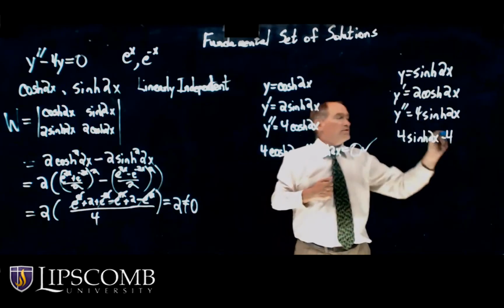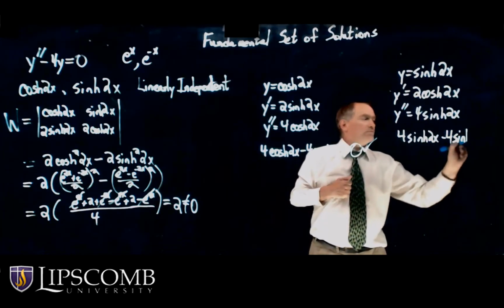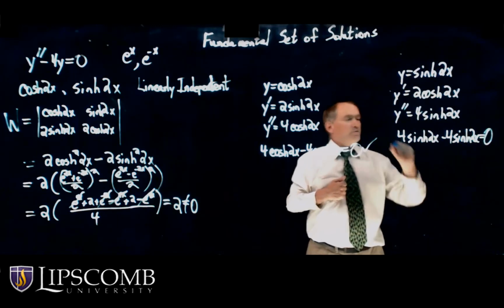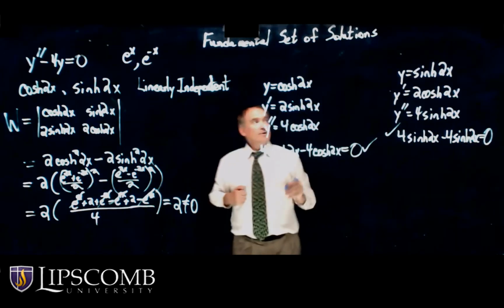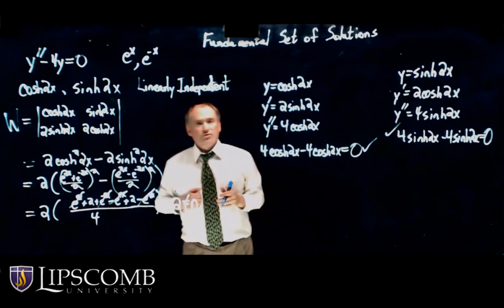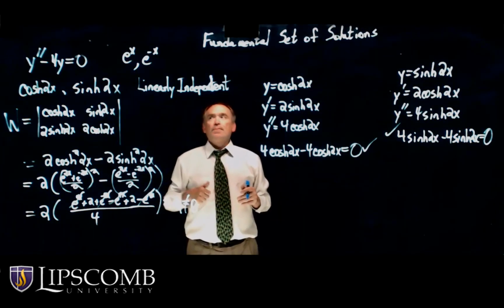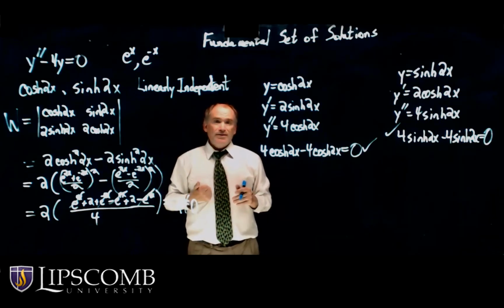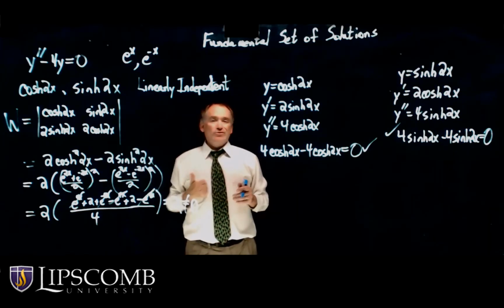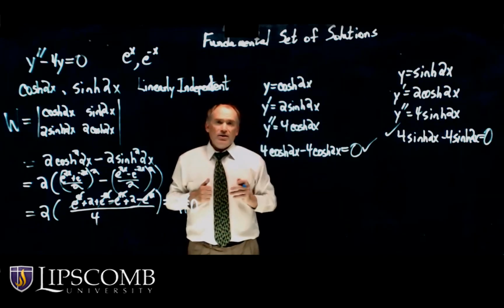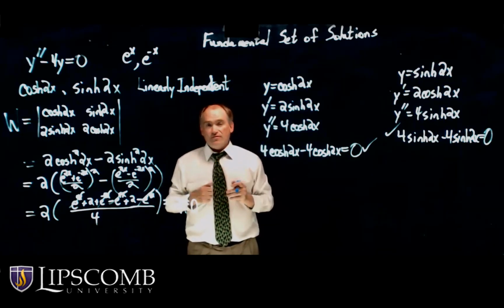Well, y is hyperbolic sine 2x, and look what I get. I get 0. So it also is a solution of the differential equation. So they're both solutions. They're linearly independent. It's second order, so I've got all I need. So this is the fundamental set of solutions to this differential equation.